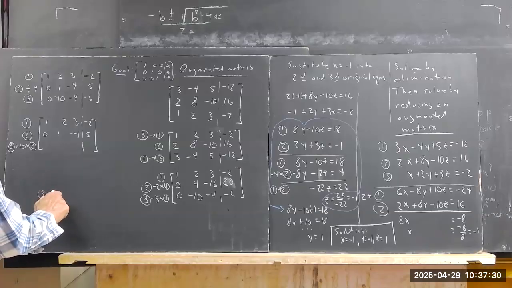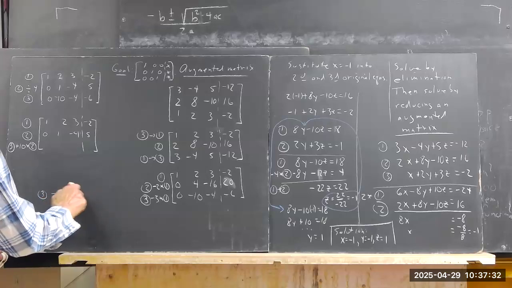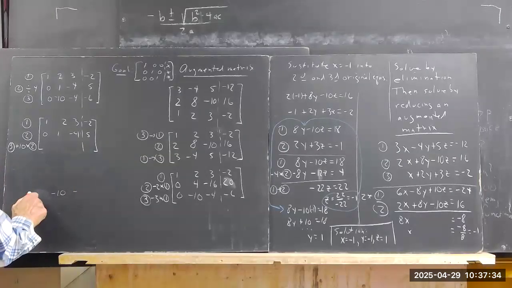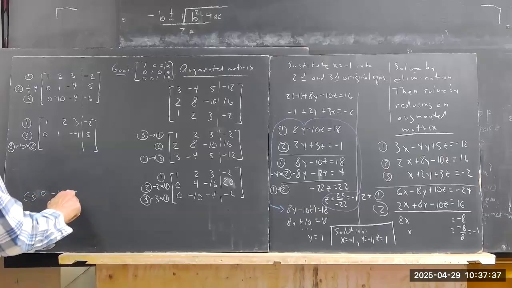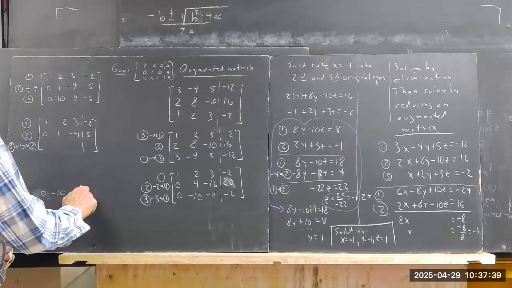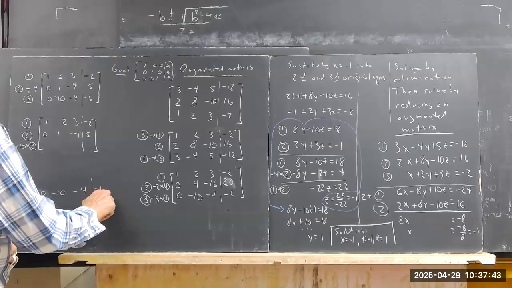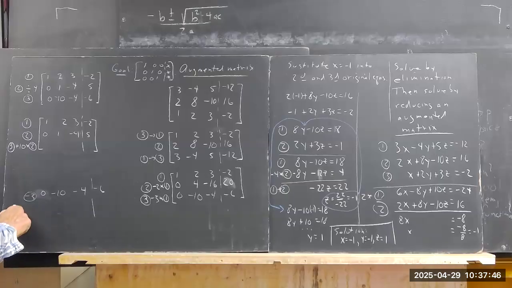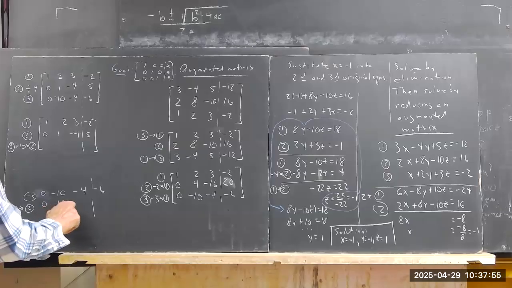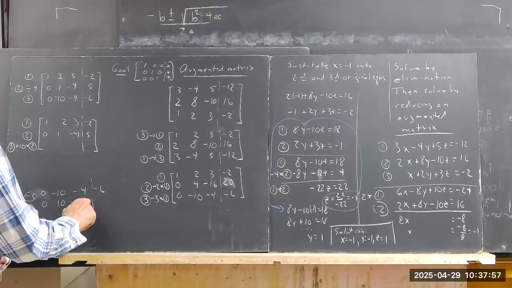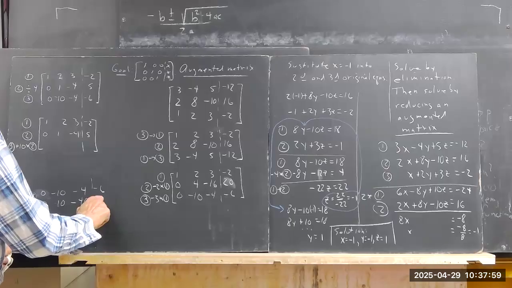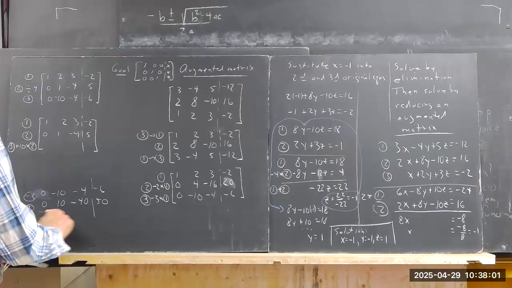Row 3 is 0, -10, -4, and -6. And 10 times row 2 is going to be 0, 10, -40, and 50.